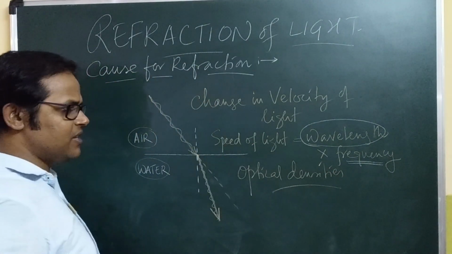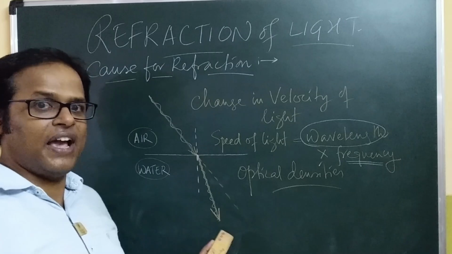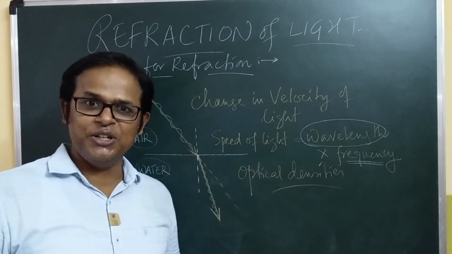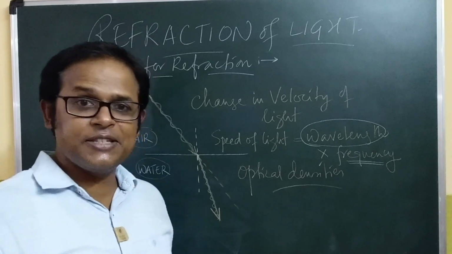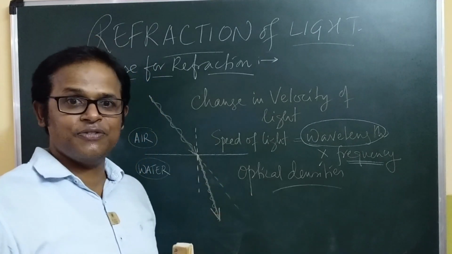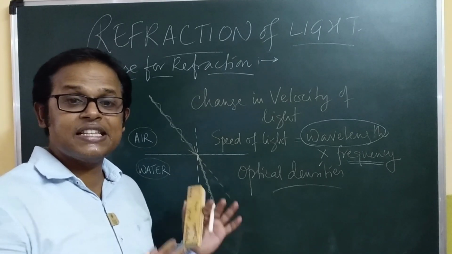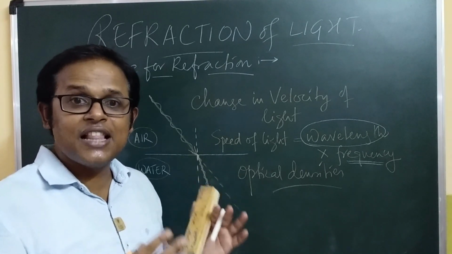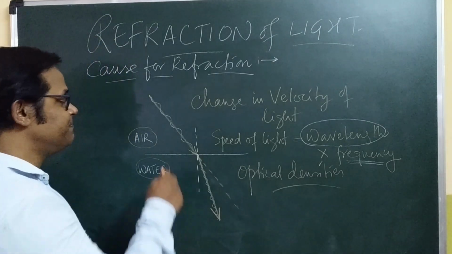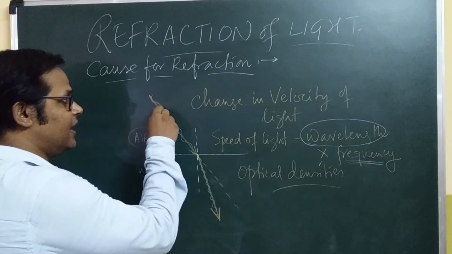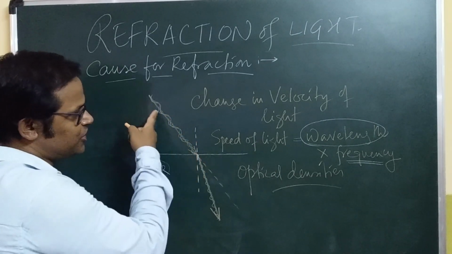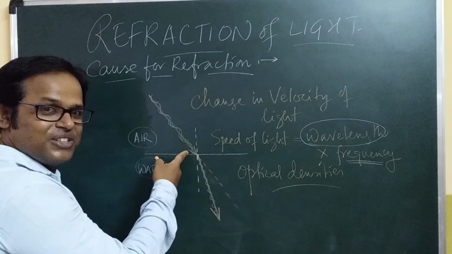Optical densities are slightly different, in fact very much different from the mass density. I mean to say, mass density is mass per unit volume, but optical density refers to the changes in the speed of light as light propagates through various mediums. Because, my dear students, as light is a radiation and as it propagates through one medium, it continues to travel straight through that medium.